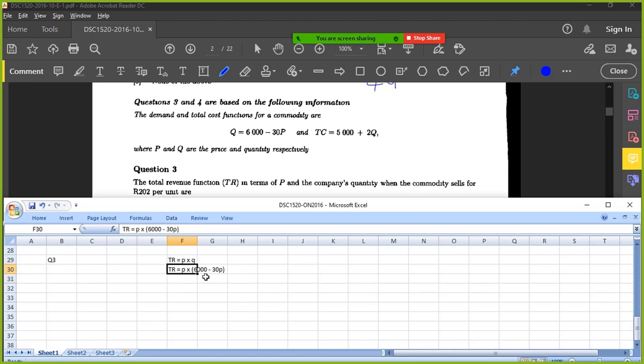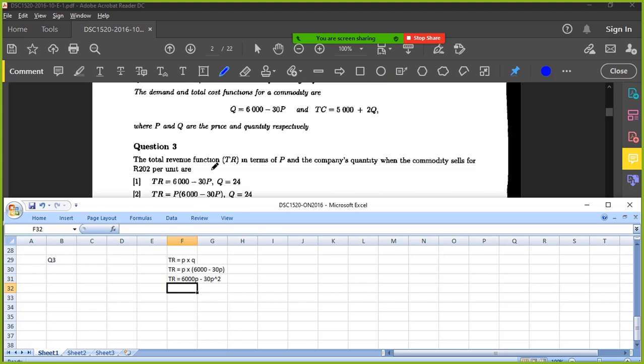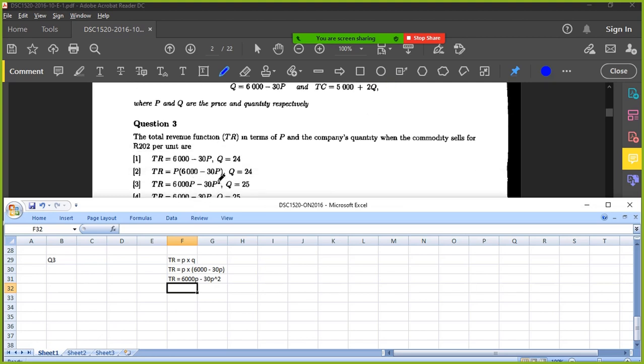Okay, and then you just multiply out, so you'll get 6,000P minus 30P squared. Okay, and then they said when the commodity sells for 202 per unit. So they want you to insert 202 per unit.